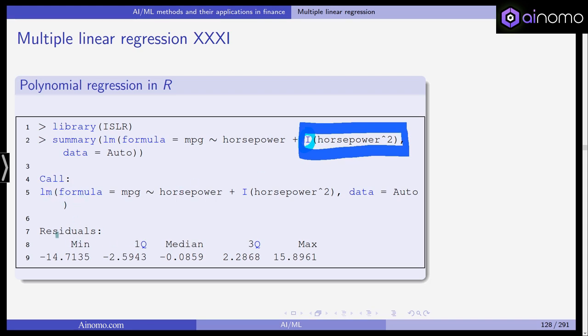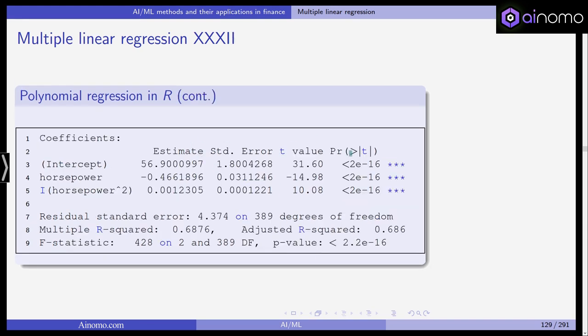These are the results. You can see the residuals here. And then these are the coefficient estimates. The coefficient estimates clearly show that the squared variable of horsepower, the polynomial term, is also highly statistically significant in our regression.